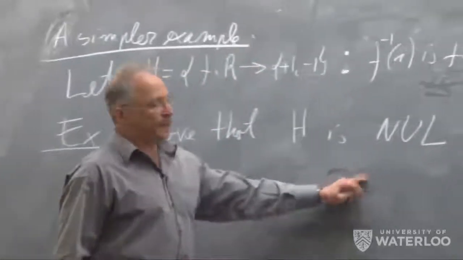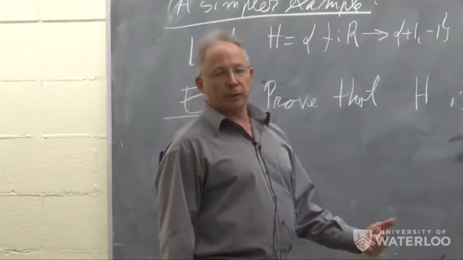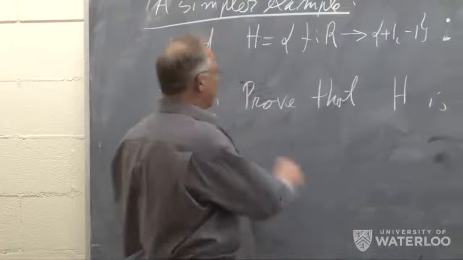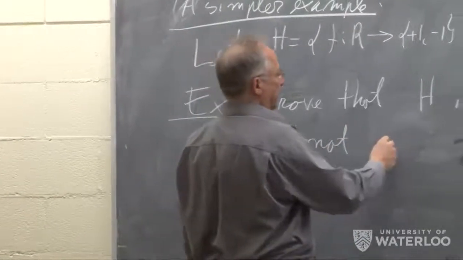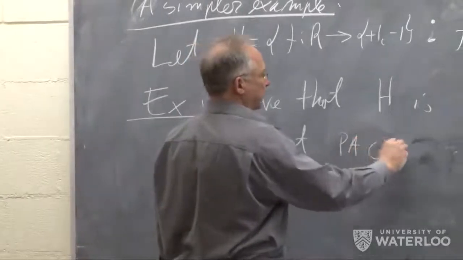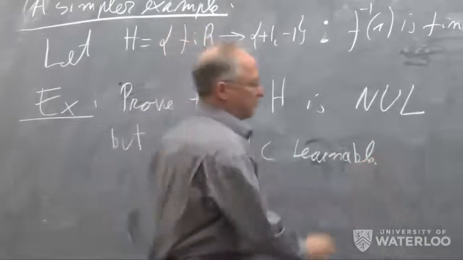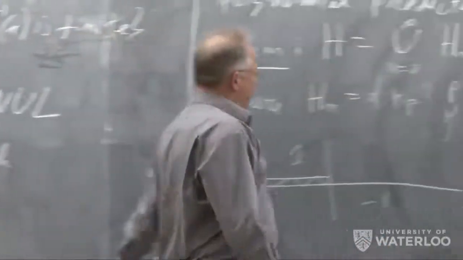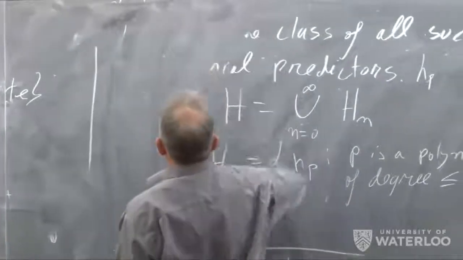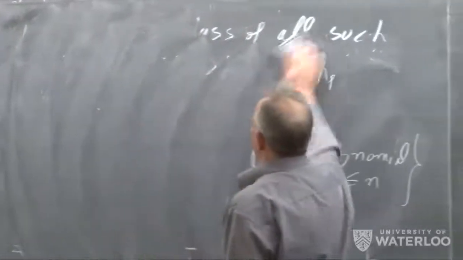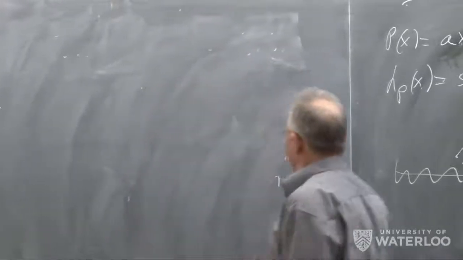That is, I can represent it as a union of Hns, each of which is learnable, but H is not PAC learnable. Okay, so you have a couple of exercises here just to make sure that you are up to what the course expects.